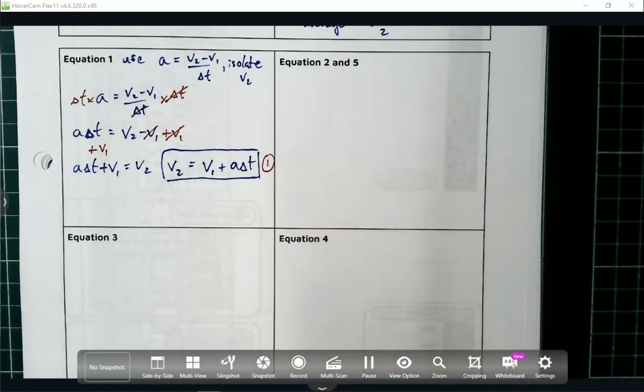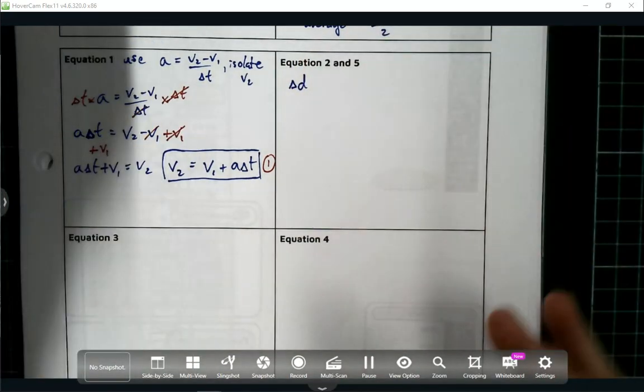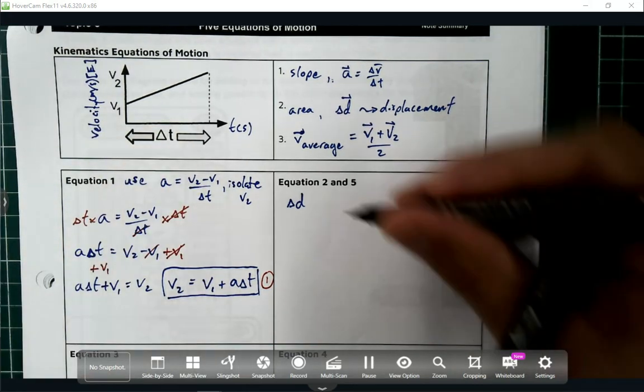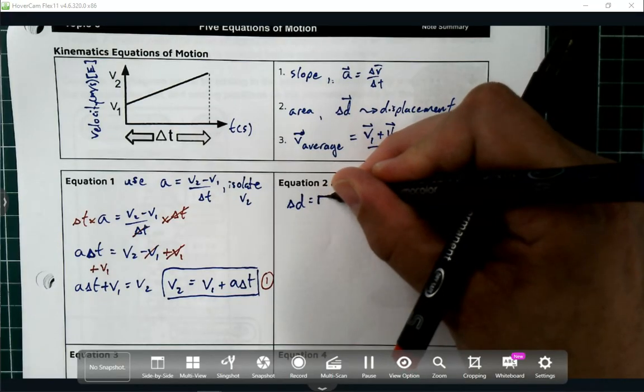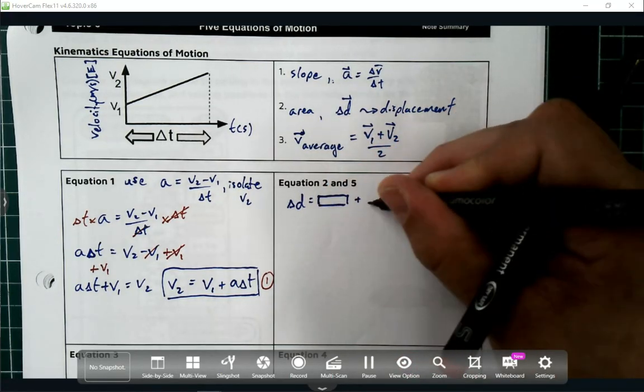Equation 2, though, is maybe a little bit trickier. With equation 2, I want to find the displacement, and specifically I want to find the displacement for this graph. What I'm really doing, and I'm going to be a little bit Mickey Mouse about this, is finding the area of a rectangle and an area of a triangle.